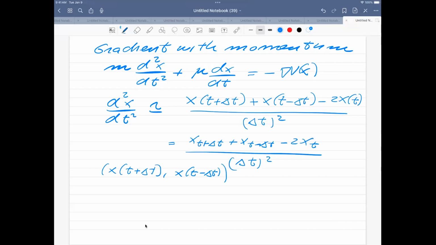And then we know that the first derivative, if we just stay with Euler's forward stepping, this is something which we can approximate with x of t plus delta t minus x of t divided by delta t. And then we can plug this back into the equation and then reorder the equations. And then you will see how we can actually split the equations in 2 terms, one which is an update, which depends on the previous step, and one which then defines the next step.